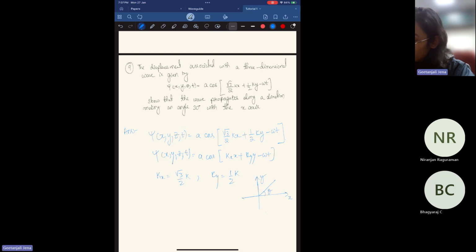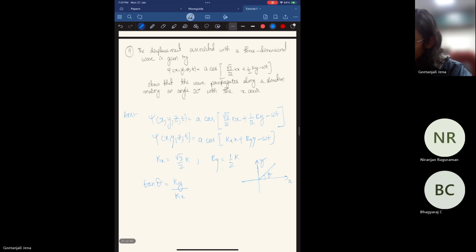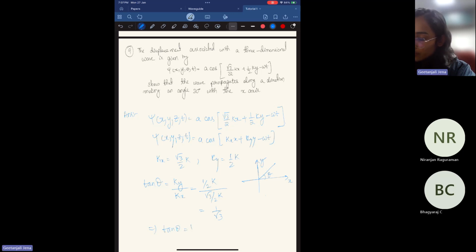So tan theta will be ky by kx, right? So ky is half k, and kx is root 3 by 2 k. This is 1 by root 3, so tan theta is 1 by root 3.